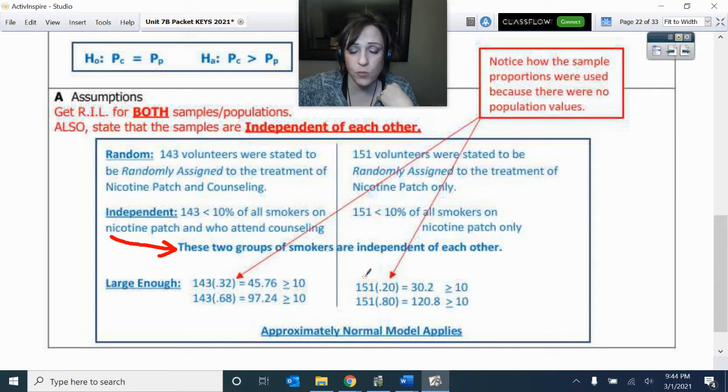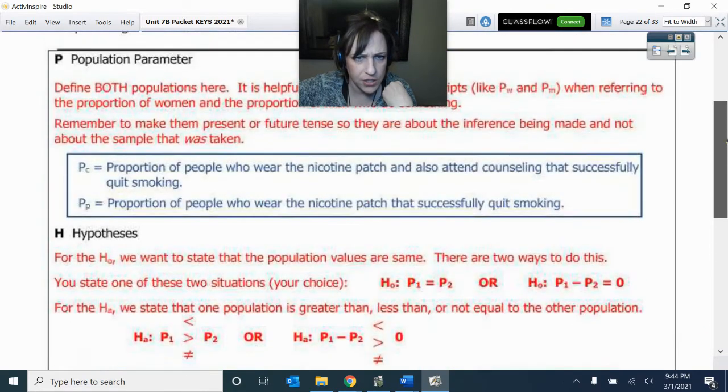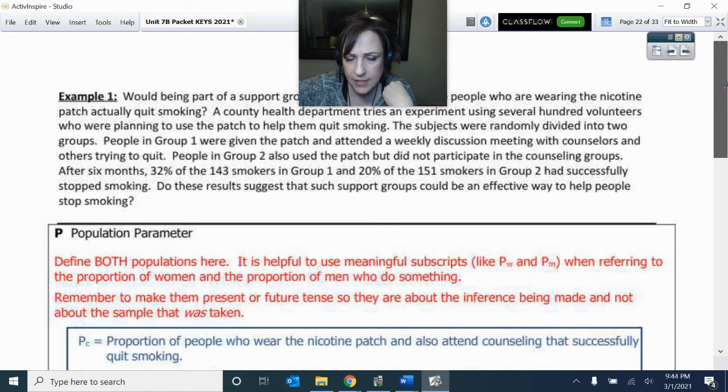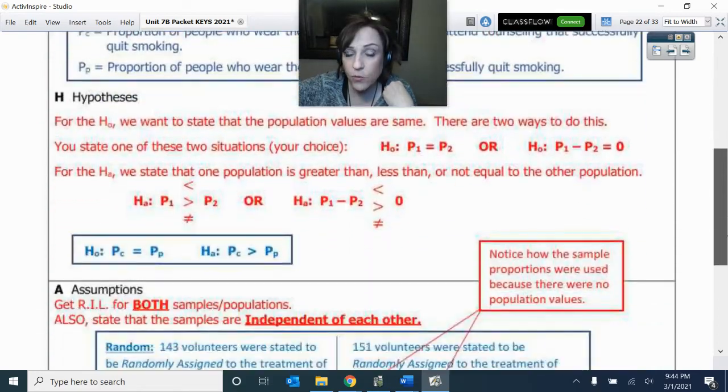For this other group, 151 times 20% success, which was 30.2, greater than or equal to 10, and 151 times 0.80. Just double checking to make sure that I got that percent correct. Yes, 20% of the 151. Okay, so here we go.